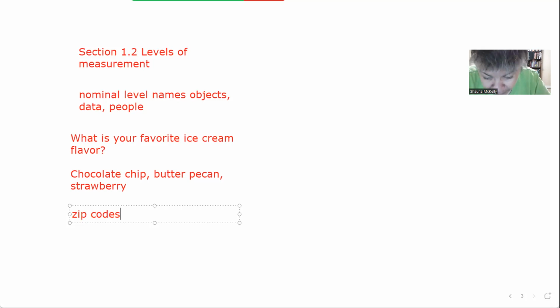So the zip code that I live in is, for example, 90650. That zip code is a zip code for Norwalk, California. Okay. That zip code is not really acting in a quantitative way. It's acting as a label. Zip codes are also nominal.